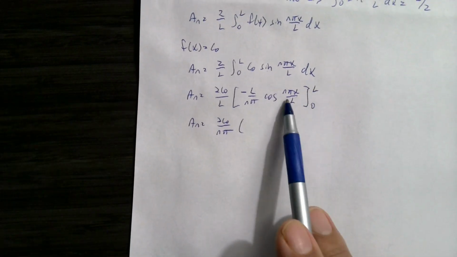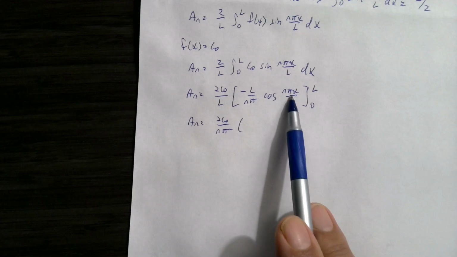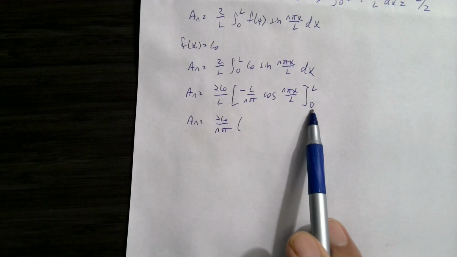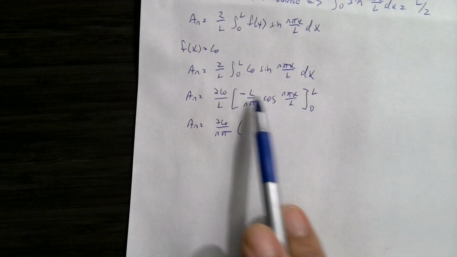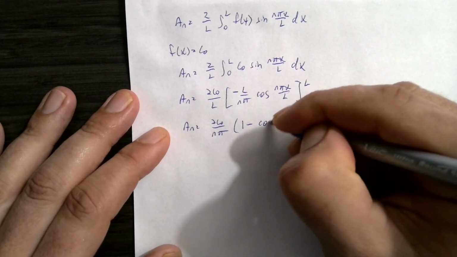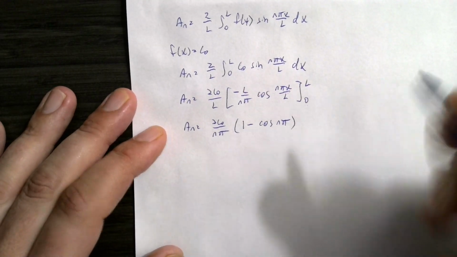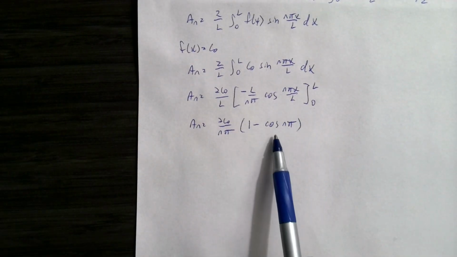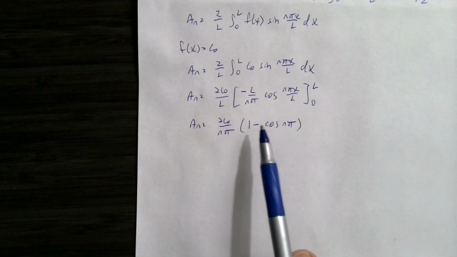If I put in an L there, I get a negative cosine of n pi. And if I put in minus 0, it'll be minus a negative, so that becomes positive. So this should just be 1 minus cosine of n pi. Okay, so the second term is a 1, and the first term is a negative cosine of n pi, and I just flipped them around.